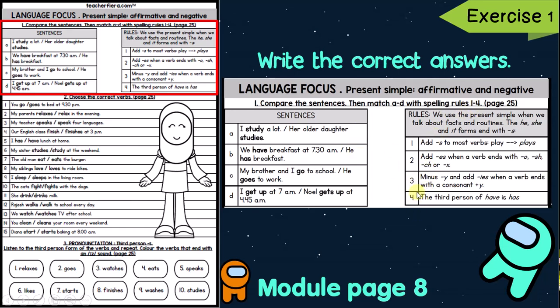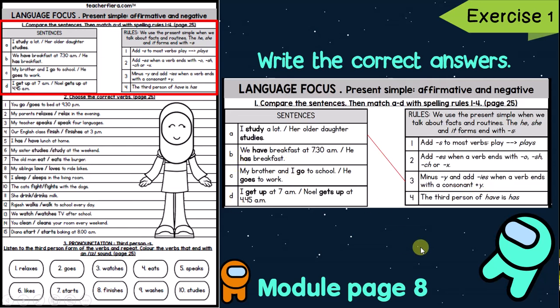Awak kena padankan. Alright, let me help you with number 1. I study a lot. Her older daughter studies. Okay, ada Y, tak ada Y, ada IES. So, the answer should be here. Minus Y and add IES when a verb ends with a consonant Y. So you try to answer B, C, and D.